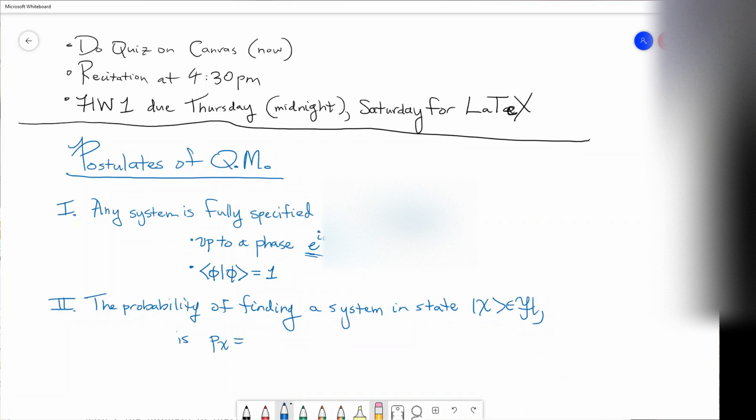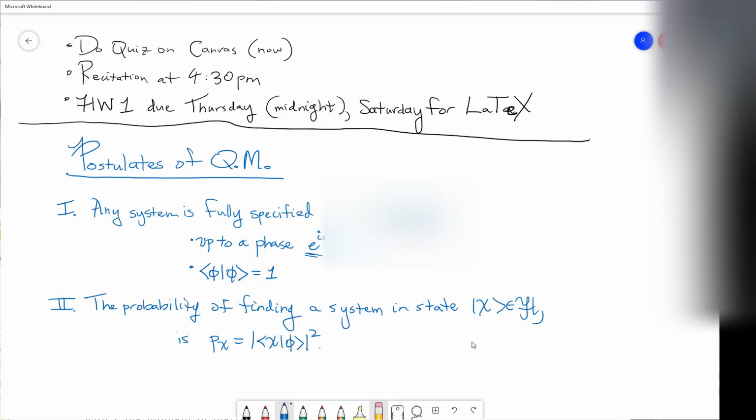It's going to be the inner product between the state that the system is in and chi. So that's the Born rule. And obviously, the fact that this is the connection gives you this up to a phase and the normalization. Because if you're in a state, the probability of finding the system in that state is going to be 1. It has to be true. It's sort of by definition, by logical definition of what we mean by probability.